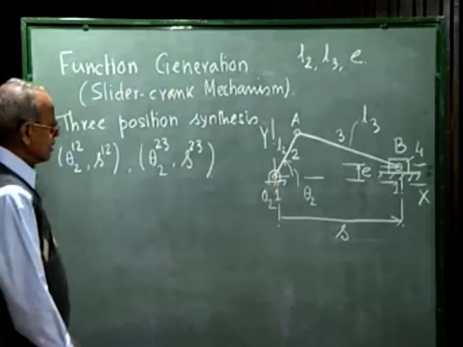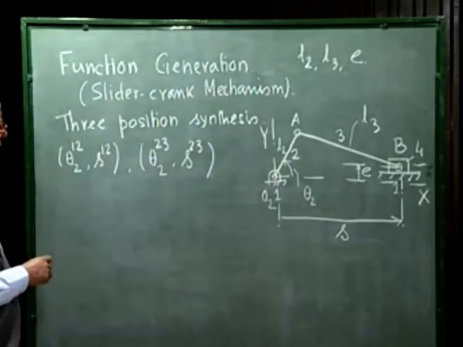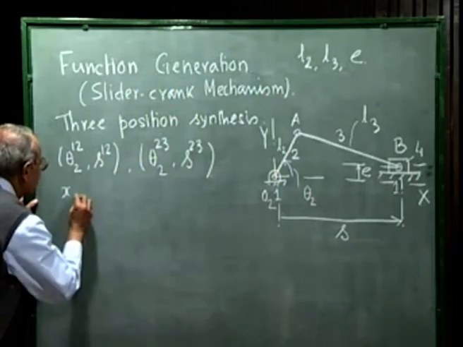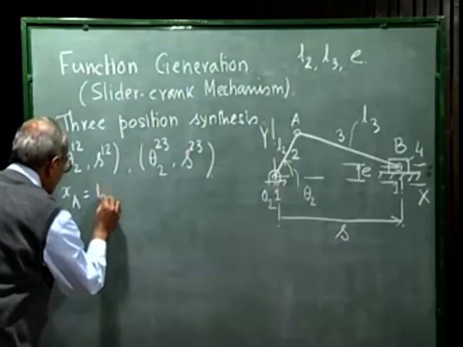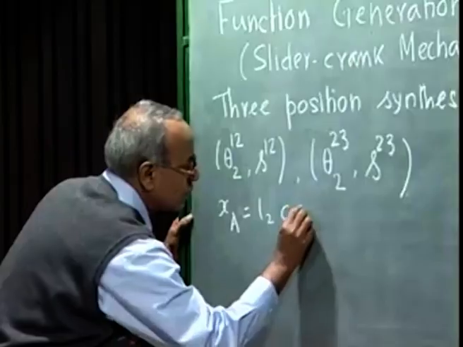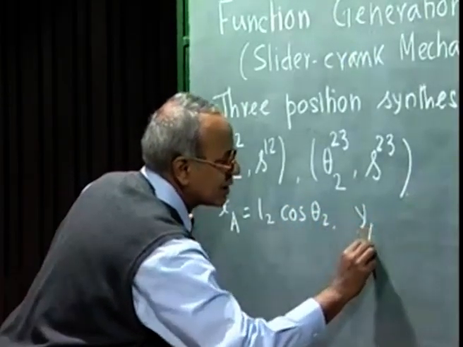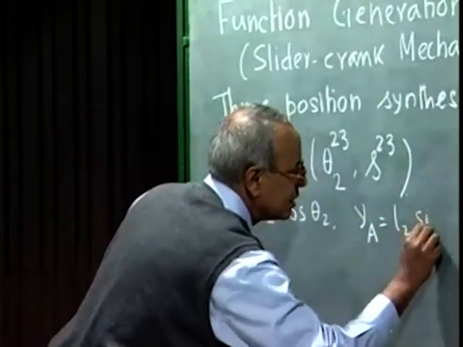Towards this end, we first obtain the displacement equation as we did in case of 4R linkage. So, we write the x coordinate of the point A is L2 cosine theta 2 and y coordinate of the same point A is L2 sin theta 2.